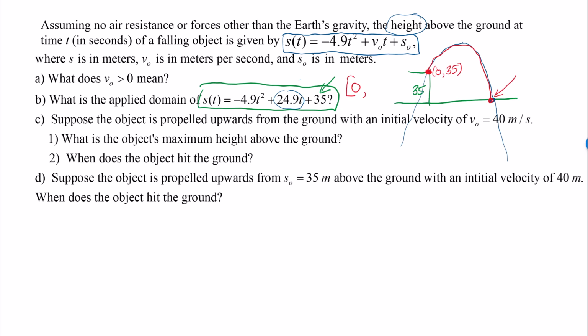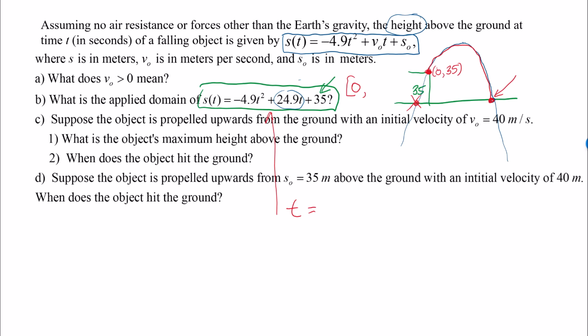How do I find that point? Well, I would need to find the 0. There are 2 zeros. There'll be one over here that's not going to be in the domain, and then there will be one over here. So we need to put this in the quadratic formula to find out what this last number is, the end of the applied domain.